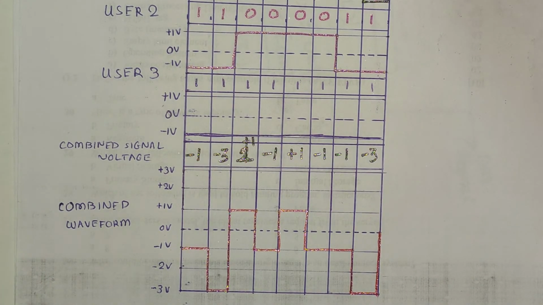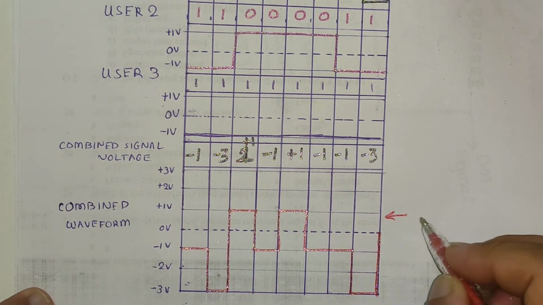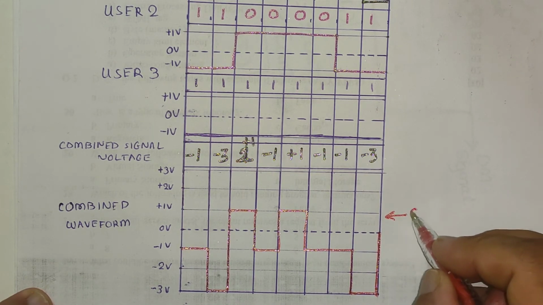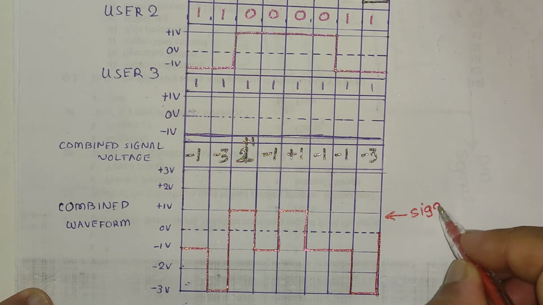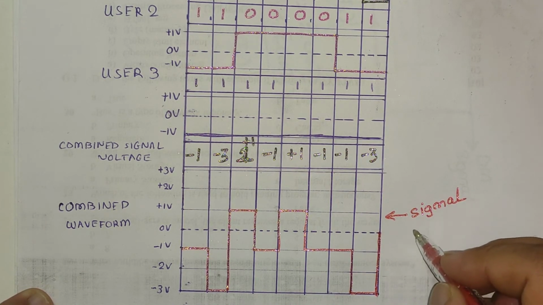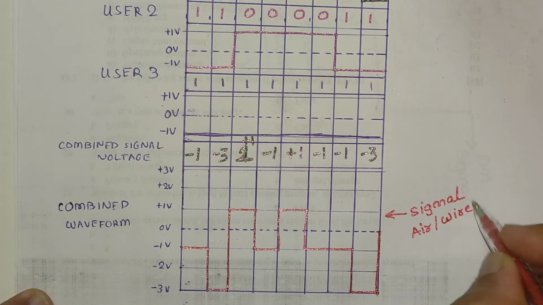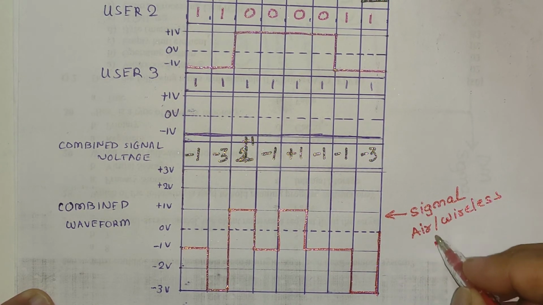So I hope you understood this. This is the waveform that we want to transmit over the air channel. So this is the waveform, or we can say a combined signal, that we are going to transmit through the air or wireless interface.